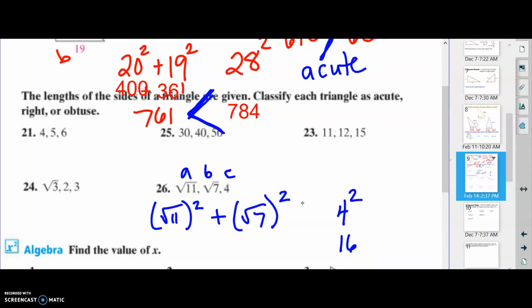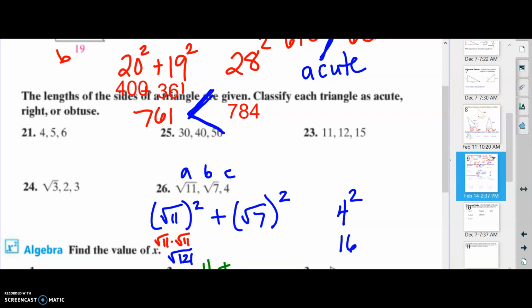Well, square root of 11 squared means square root of 11 times square root of 11, okay? Which would mean square root of 121, if we put them together. And then the square root of 121 is a perfect square, and that's just 11. Okay, so square root of 11 squared is just 11.